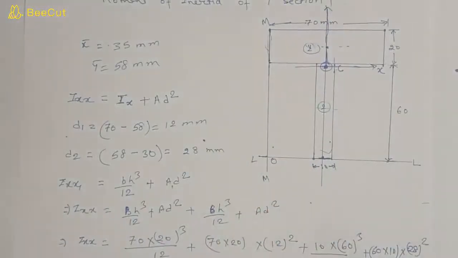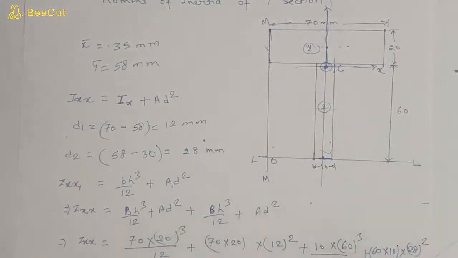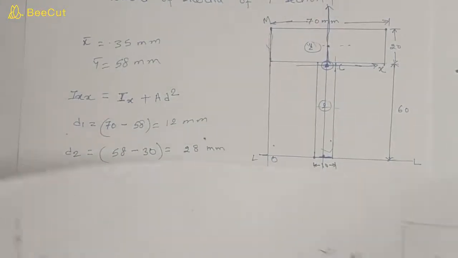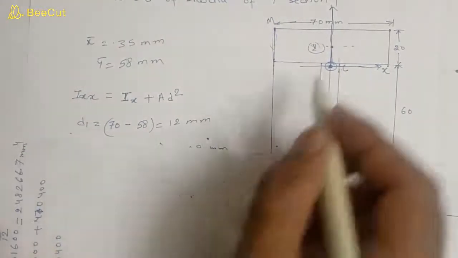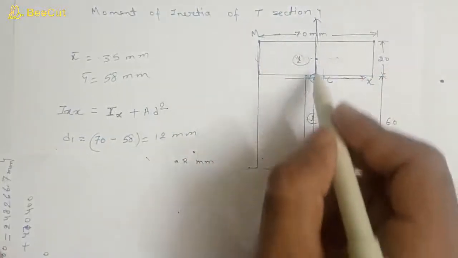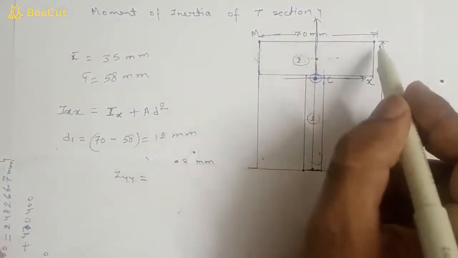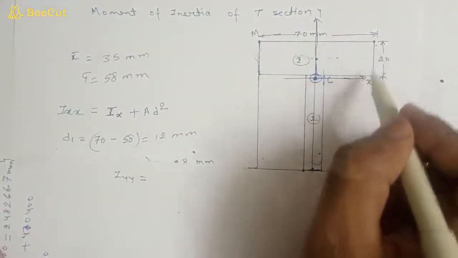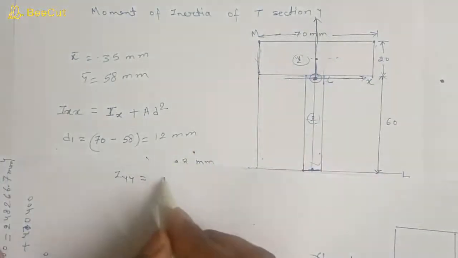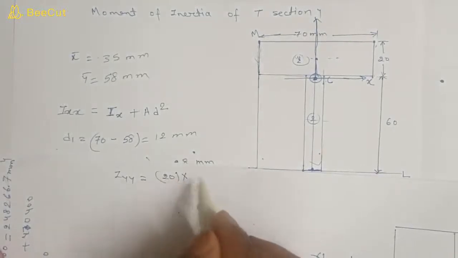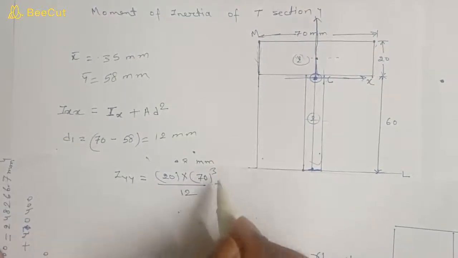What if we want to find the moment of inertia of this section about the centroidal y-axis? This is the centroidal y-axis. In this case, this will be b and this will be h because we are taking it about this axis. So it becomes 20 into 70 cubed divided by 12 plus A d squared.